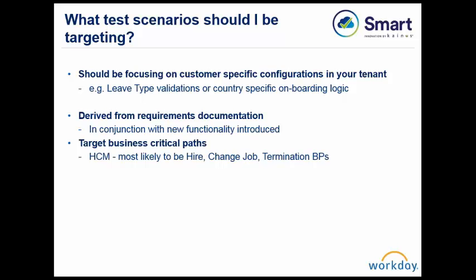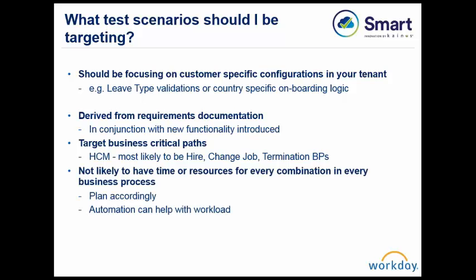But you're also going to have to consider what your most business critical paths are. So with the HCM, it's common that these are the hire, the change job, and the termination BPs. But each tenant's different, and each customer is going to have their own priorities. So in order to do that, you're going to have to find those priorities out in a planning session and prioritize the BPs in order to make sure that you're really hitting those critical processes.